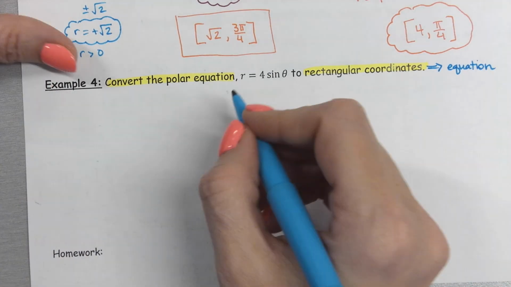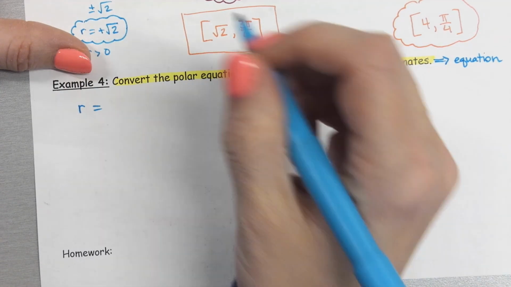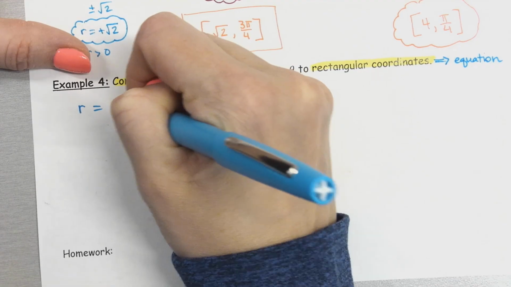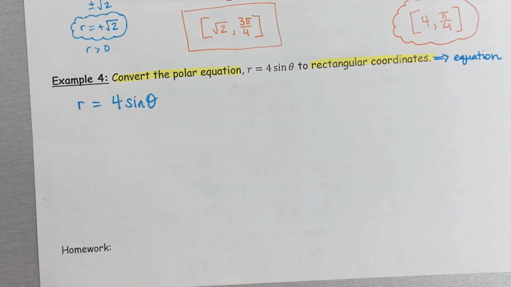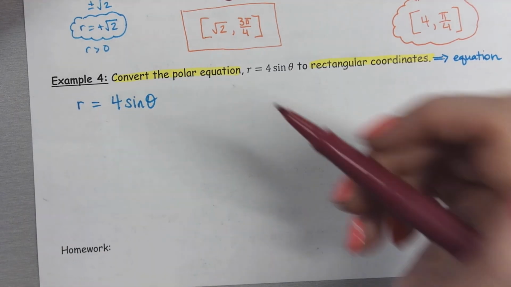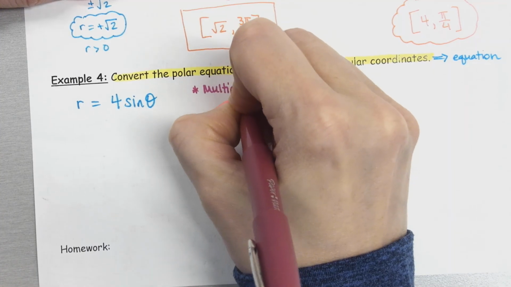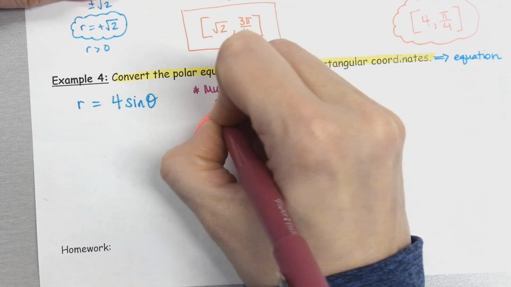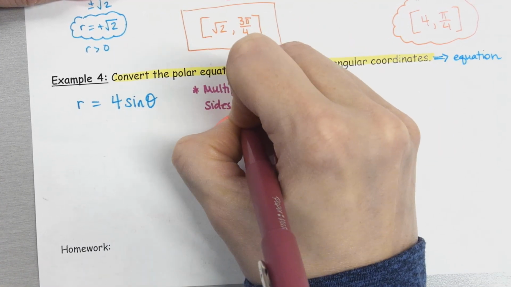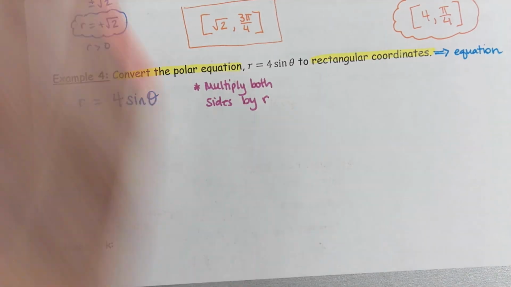So when you take this equation, r equals 4 sine of theta, in order to use those equations we were introduced to today, your first step is going to be to multiply both sides by r.